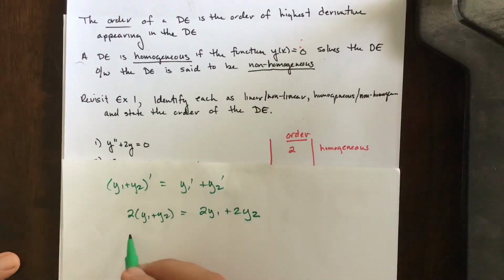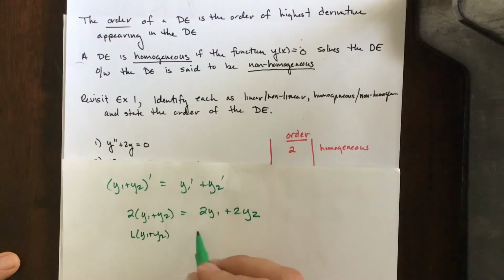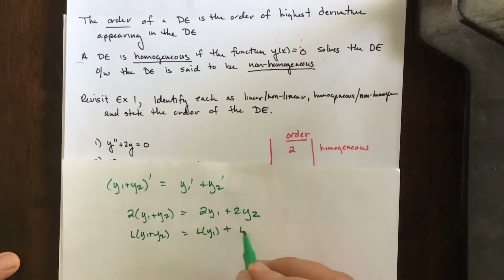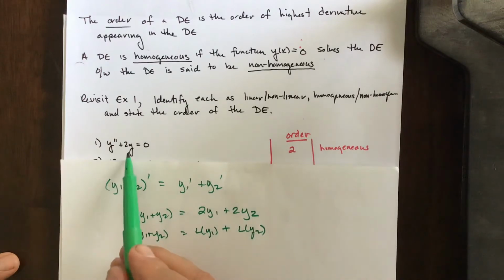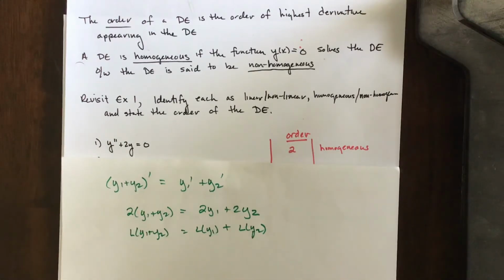This is L of y1 plus y2. This is L of y1. This is L of y2. And this is the sum of L of y1 and L of y2. Therefore, a multiplicative constant times y is a linear operator.